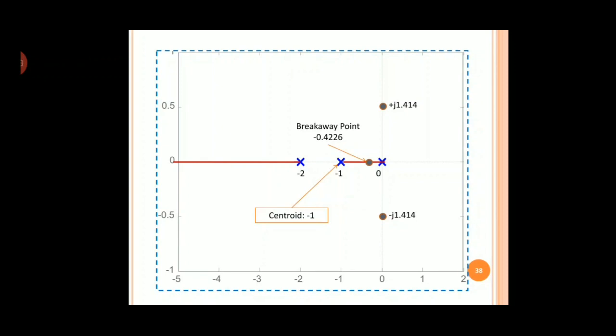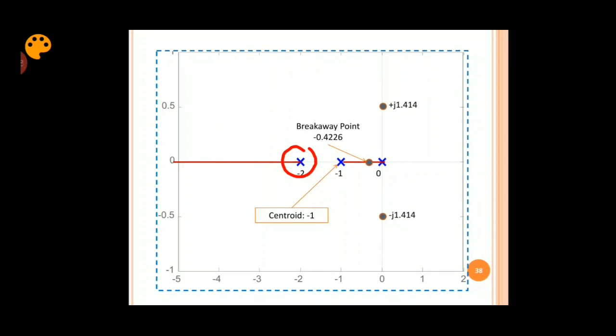One will go in the direction of 60 degrees, one in the direction of minus 60 degrees because of these asymptotes, and another in the direction of 180 degrees. Here a branch starts from this pole, and it might go in the direction of 60, minus 60 or 180 degrees.